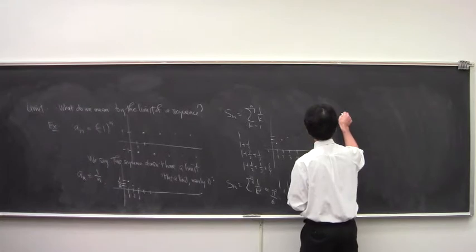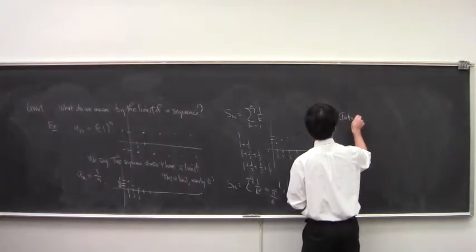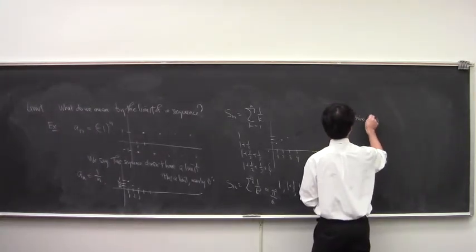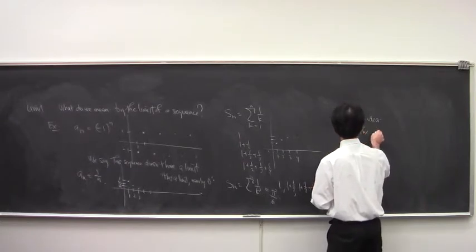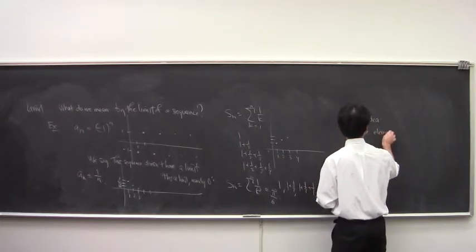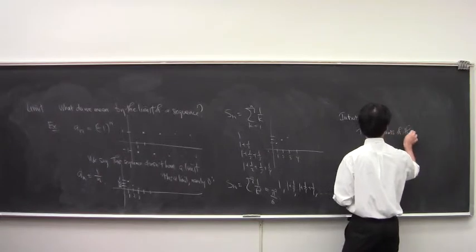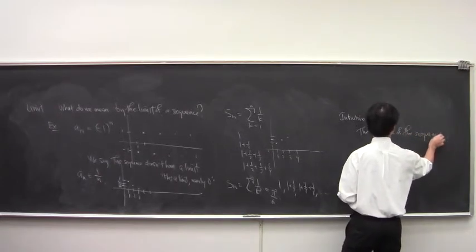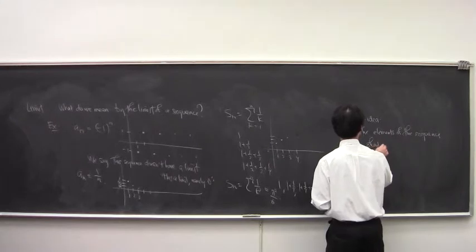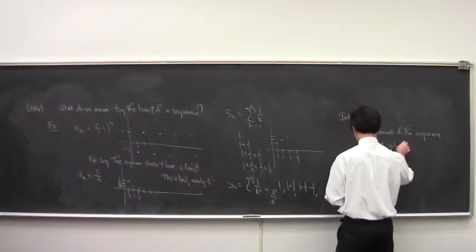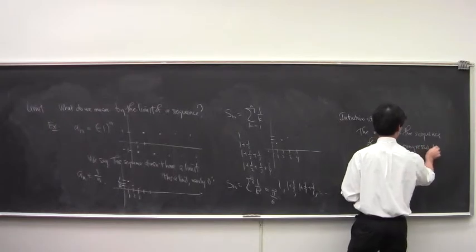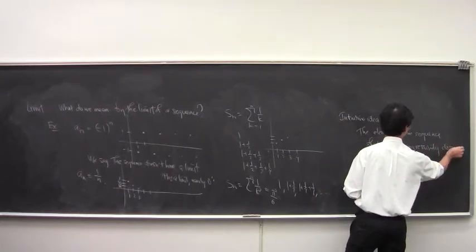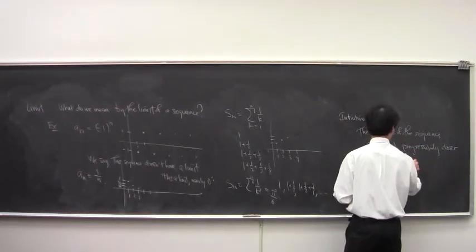Okay. In any case, the intuitive idea is that the elements of the sequence should get progressively closer to some number.